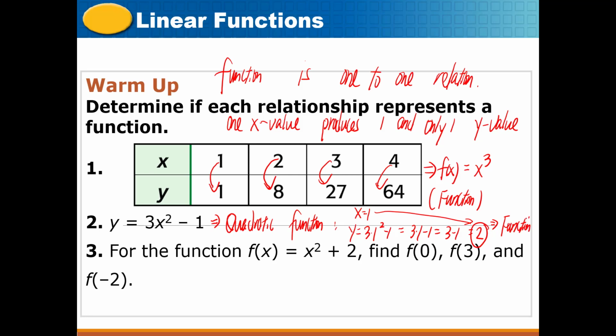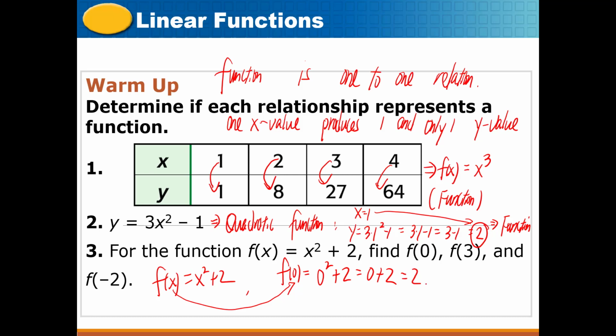And the third one is f of x equal to x squared plus 2. Here we want to find out what f of 0 is. Replacing x with 0, you get 0 squared plus 2, which is 0 plus 2, which is 2. Okay. And f of 3: now the x value becomes 3, so go back to the function and replace x with 3.